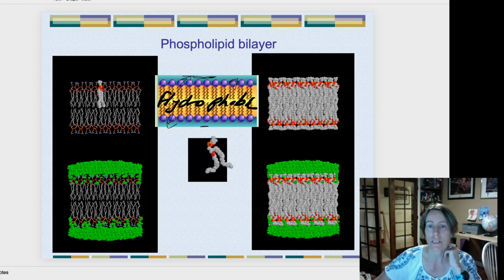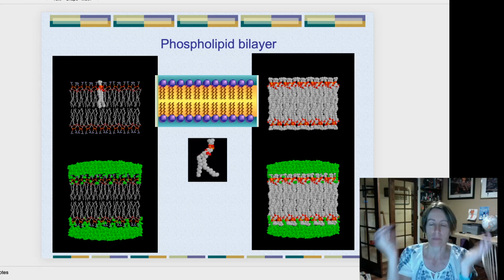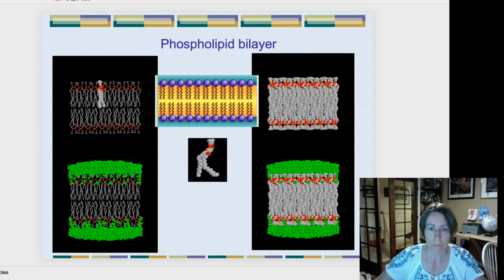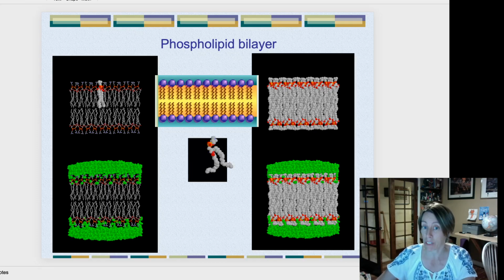All right, so this phospholipid bilayer structure is what basically makes up the membranes that wrap around every living cell. Every cell is surrounded by a membrane, and on this slide you can see 1, 2, 3, 4, 5 different pictures of phospholipid bilayers.